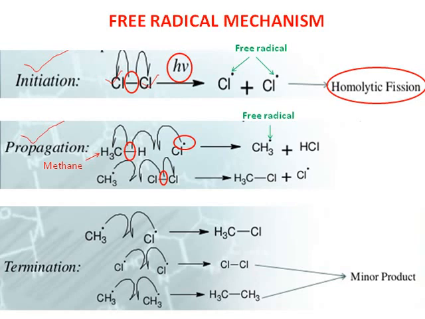The chlorine free radical is produced at the initiation step. Now the chlorine bond of the chlorine molecule again undergoes homolytic bond cleavage, and the chlorine free radical reacts with the methyl free radical to produce chloromethane. That means one bond is formed between the chlorine and the methyl radical, and we get chloromethane, and the chlorine free radical is again regenerated.